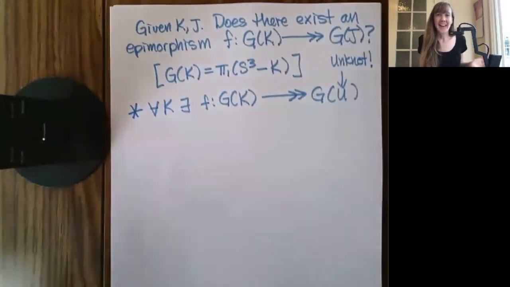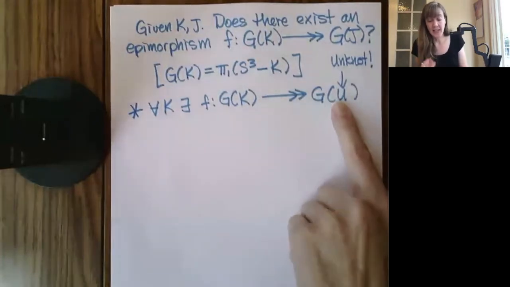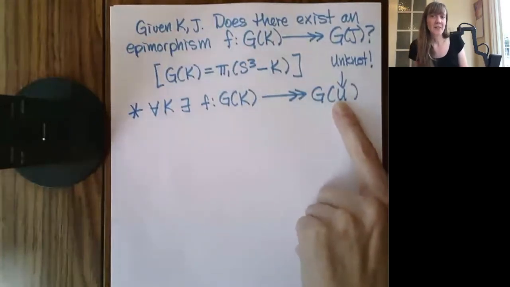Okay, but for some knots, this is the only such epimorphism. And in this context, if a knot only has this one epimorphism onto the unknot and no others, then it's called minimal.